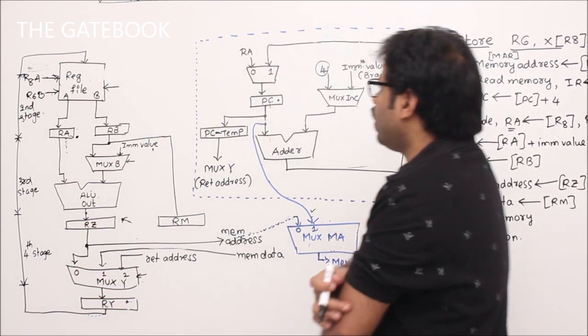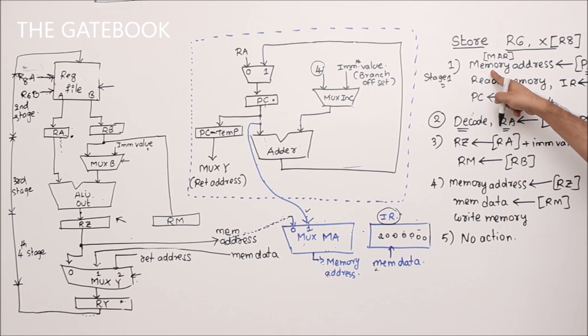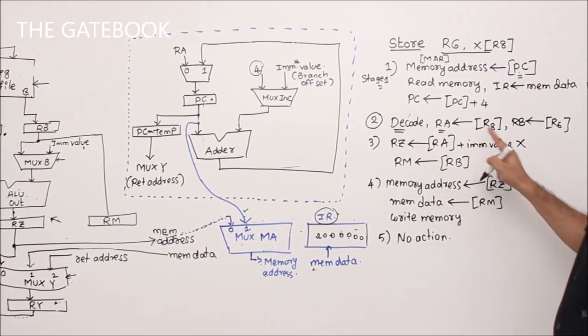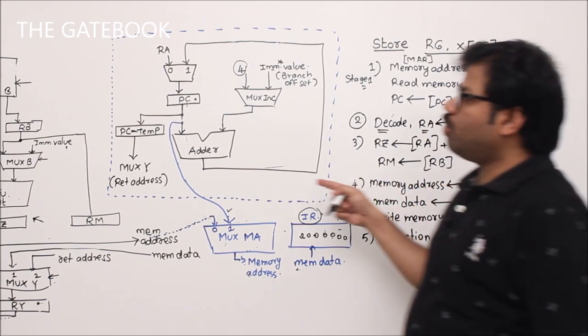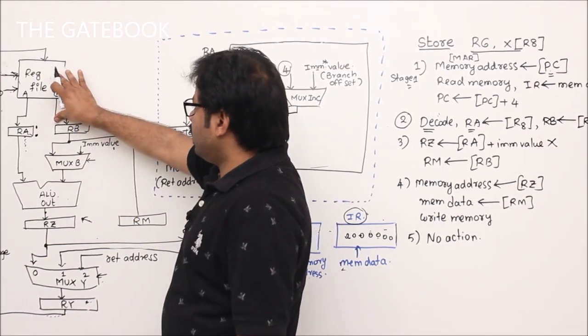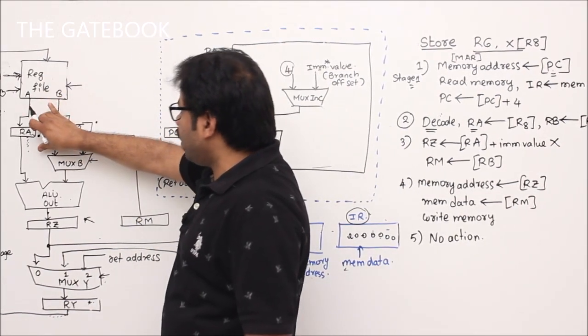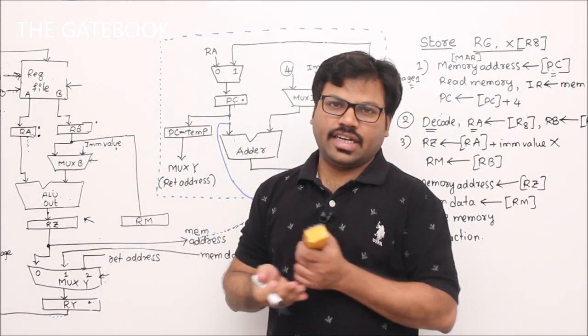If you do that, what is going to happen? In the second step, R8's data will come to RA, and R6's data will come to RB, right, in the second stage. So this circuit should start working. It might work in the first cycle also, but we are not interested in seeing that at that time.